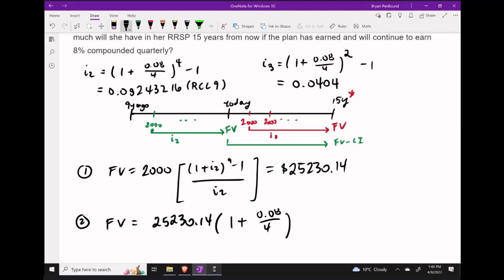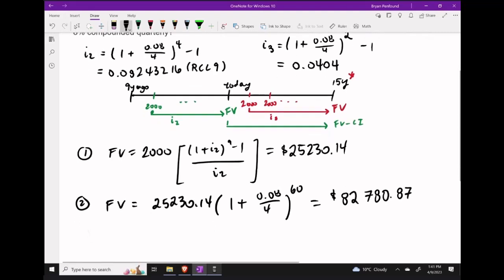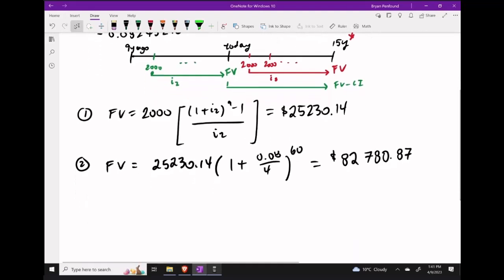So 15 times 4 means that we should have 60 compound periods that we go through in that span of 15 years. And simplifying this expression, we get $82,780.87.